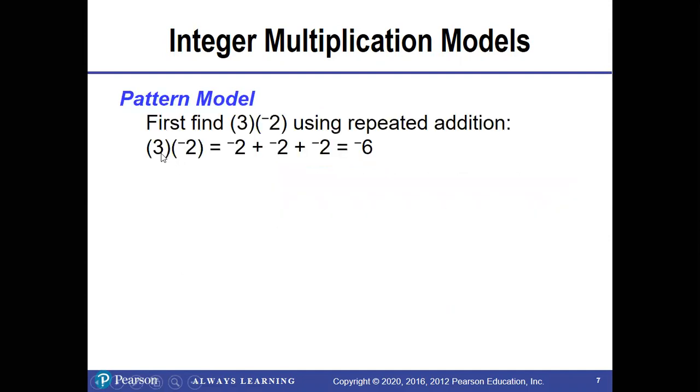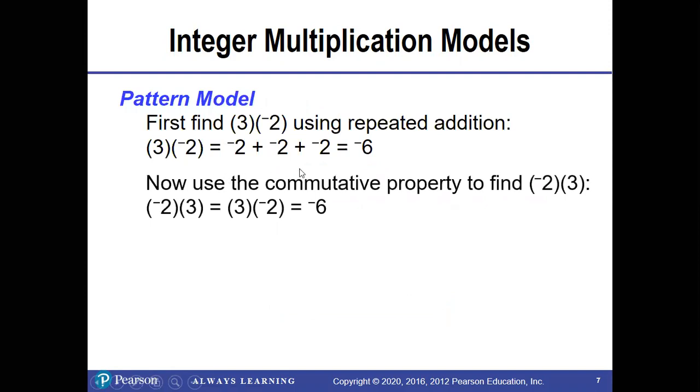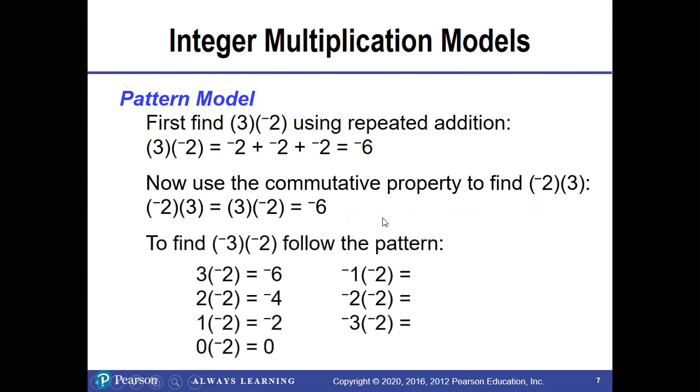And then you also have the pattern. Find 3 times -2, which would be 3 sets of -2: -2, -2, -2, which added all up gives you -6. Or you can use the commutative property: -2 times 3 is the same as 3 times -2, which is -6.